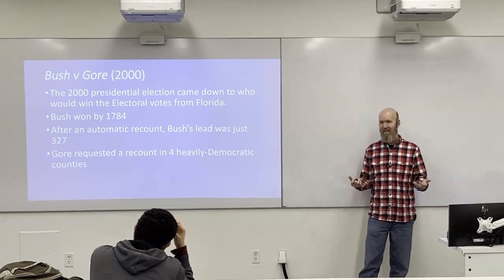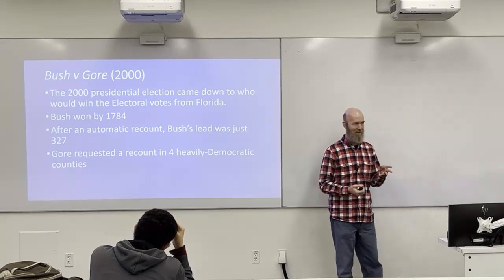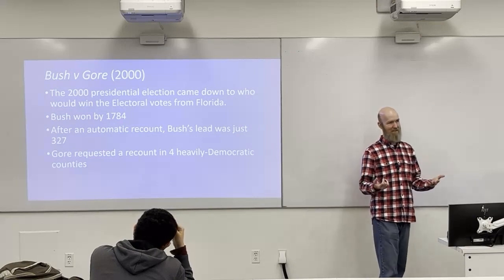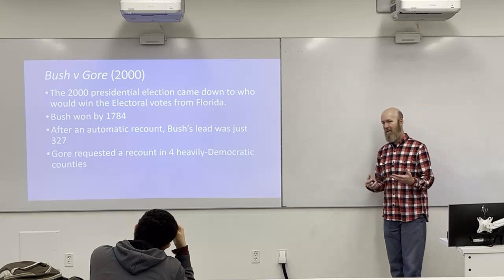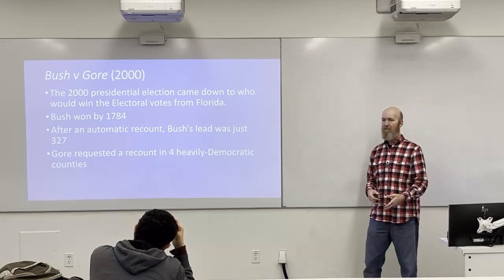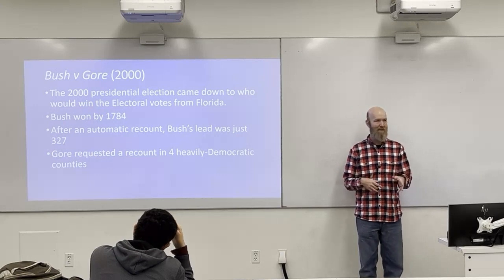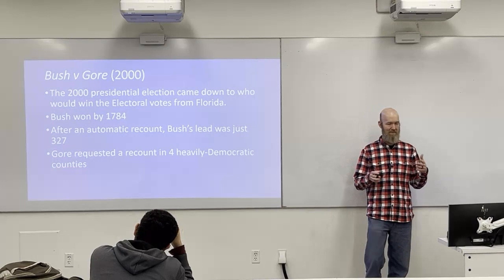Al Gore then asked for a recount of 4 counties, and he chose the 4 counties that had the most Democrats, or the highest percentage of Democrats. And the idea is, you might know, that every time there's an election, there's a certain number of votes that don't get counted because they didn't fill it out right, or there's some problem, like Scantrons, they didn't bubble it in dark enough, all sorts of stuff.